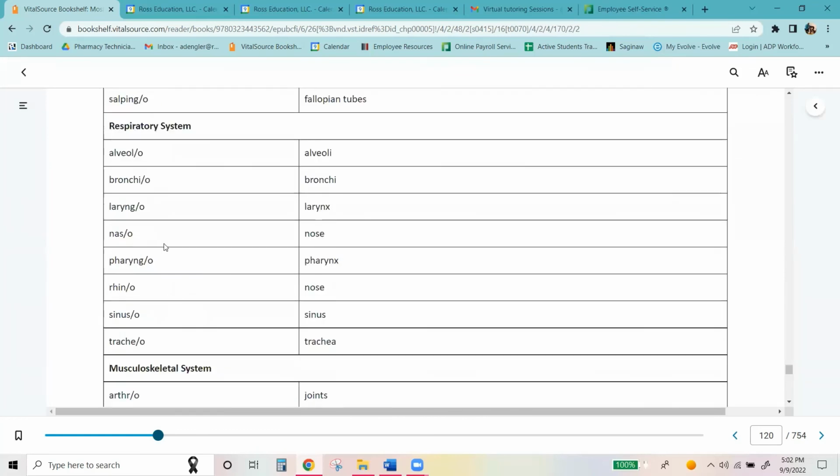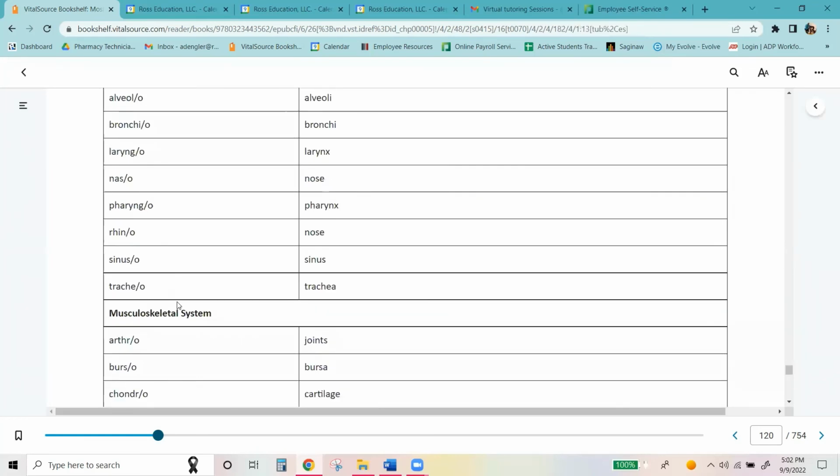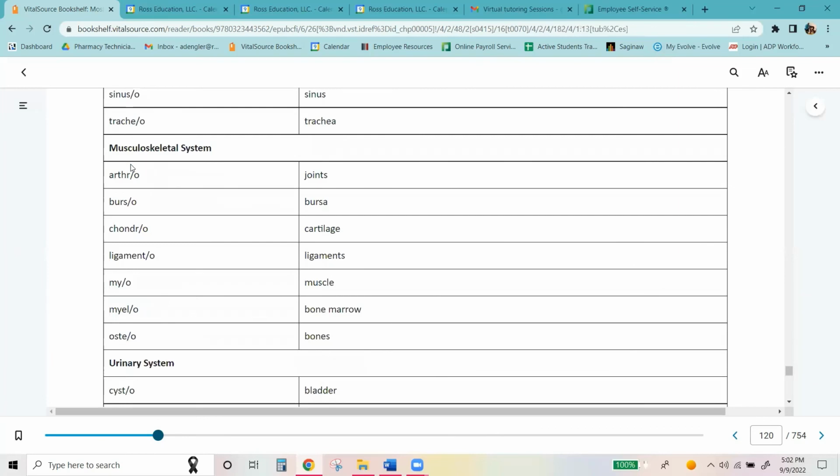Then we have these combining forms for the respiratory system and the musculoskeletal system. Here's a good example with our favorite itis. For me, that's a really good one that we use a lot in pharmacy, so I can always remember that.